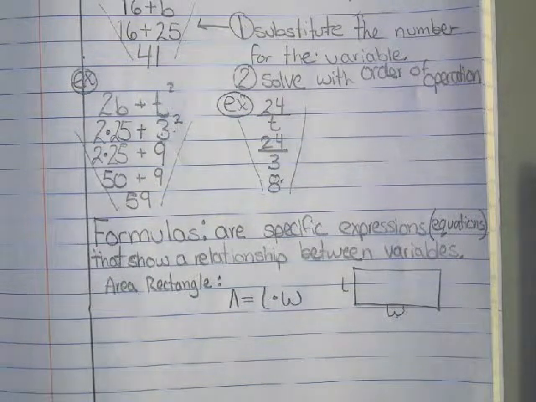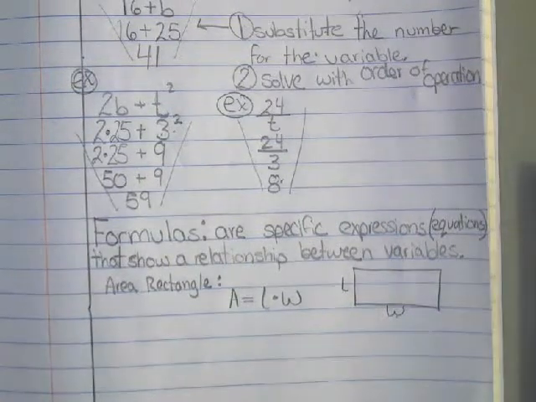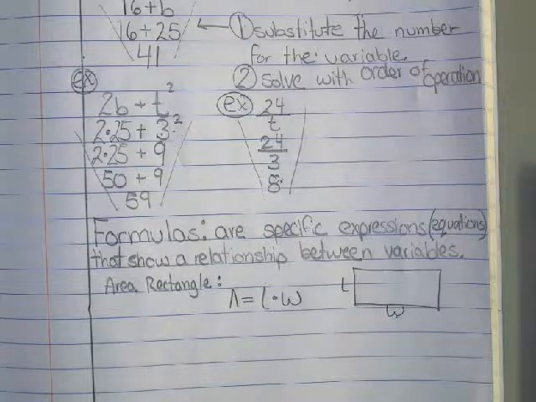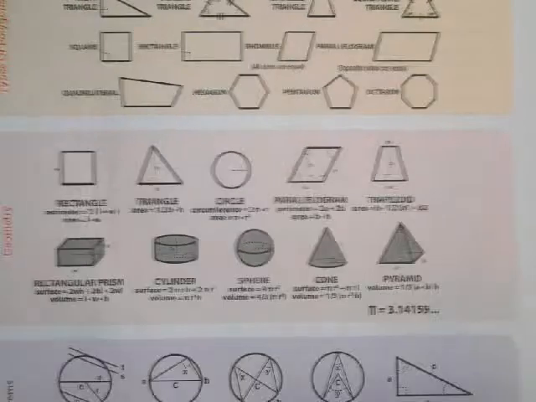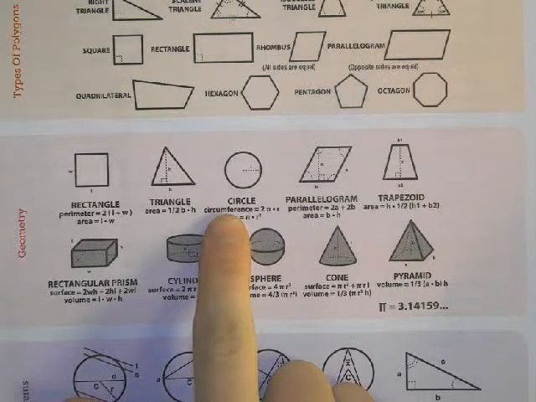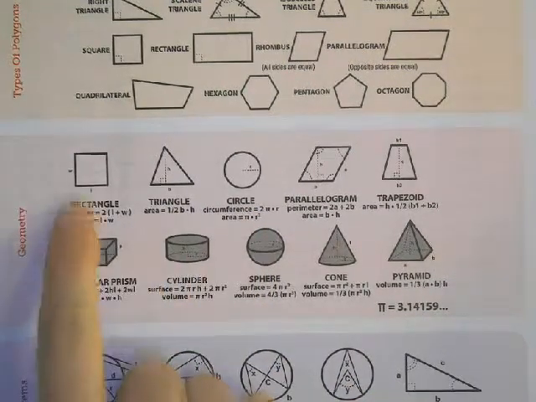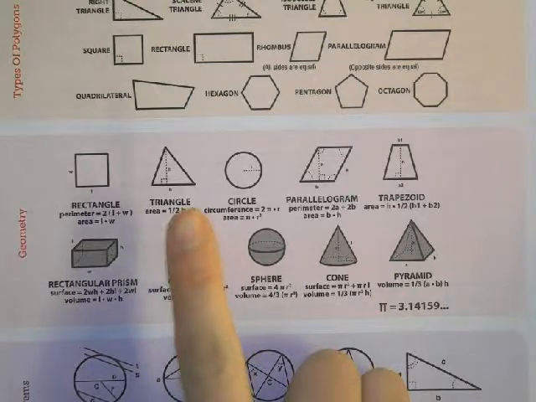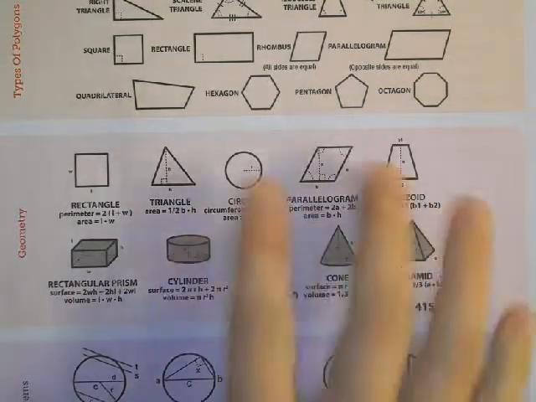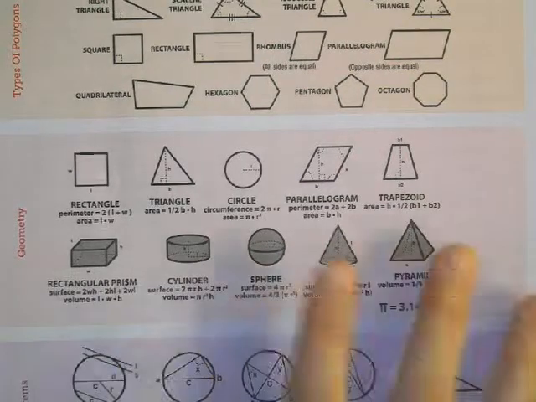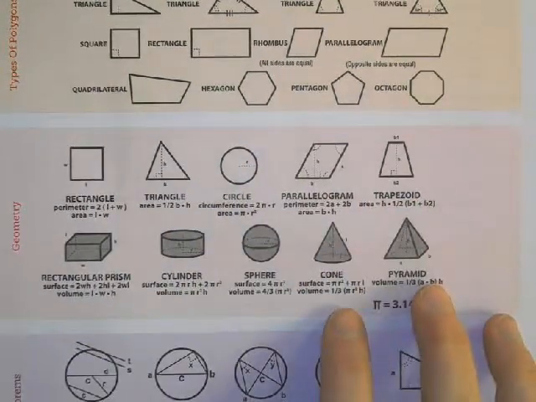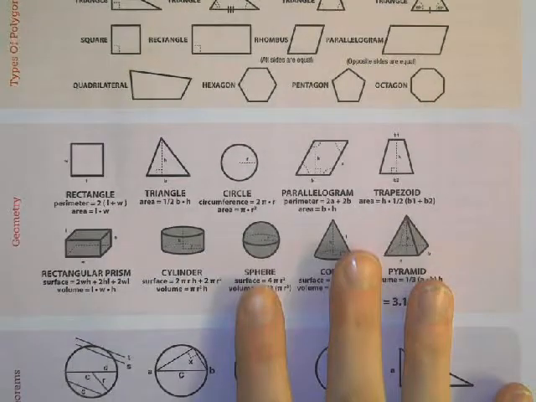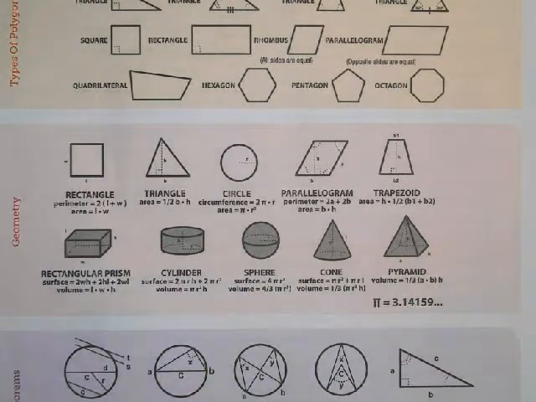And there's a ton of things that we have learned about our world that we know have continual specific relationships. So that's why if you look at page 118 in your planner, right here, if you look at these shapes, all of these different things, a circumference of a circle, area of a triangle, area of a rectangle, surface area of a rectangular prism, all of these different aspects of these shapes are called formulas, because there are specific relationships between the sides and the different parts of these shapes that give you the surface area, or the area, or the circumference, or the perimeter, or the volume when you get to 3 dimensions.